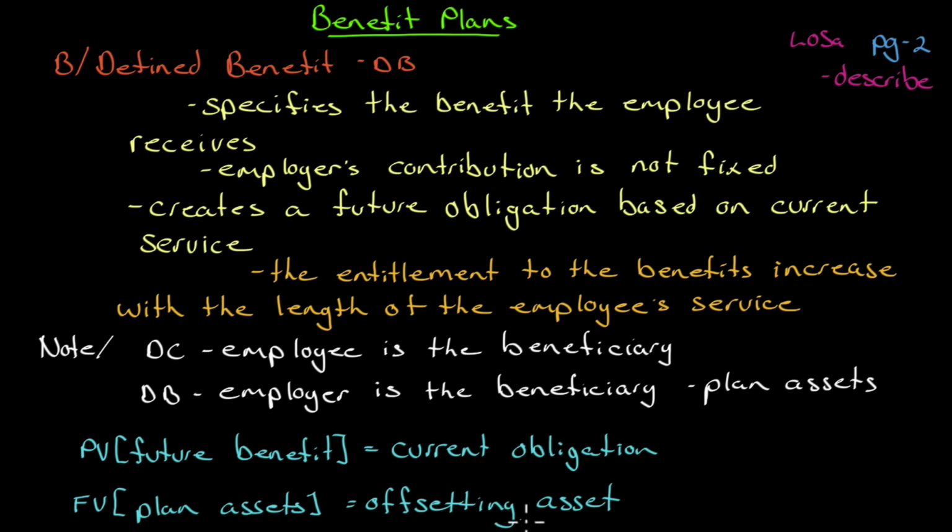And then on the other side of the ledger, there's all of the money they put aside that will grow towards that future value. So if you have a present value for the current obligation, the present value for the asset is just the fair value of it. You can compare them and see whether you're underfunded or overfunded at this point in time.